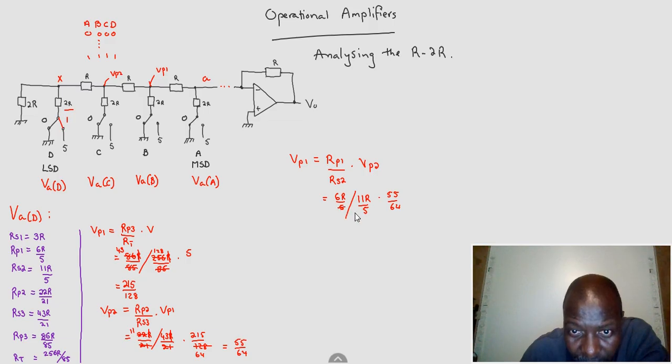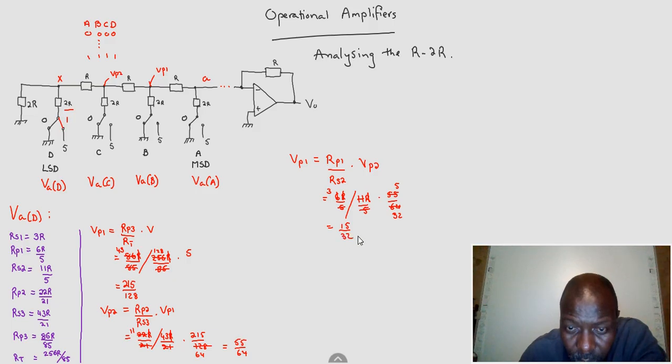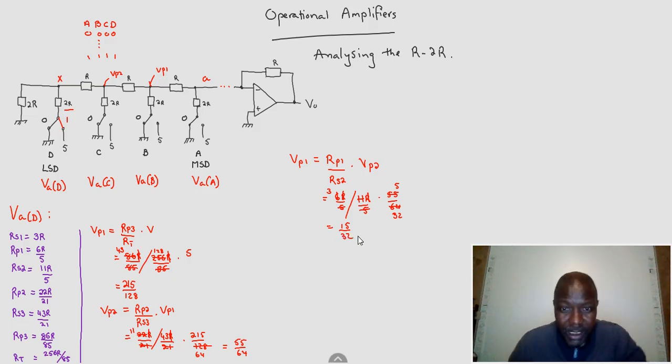Now the 5s are going to resolve, R and R. What do we have now? 2 there giving us 32, 11 there giving us 1, 11 there giving us 5. That is going to be 15 over 32. Okay, that is V parallel 1.